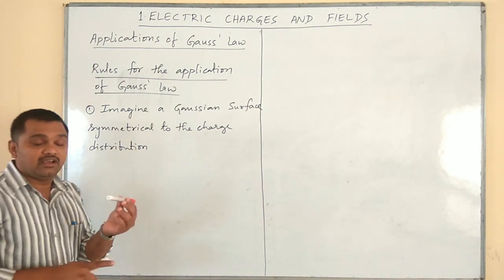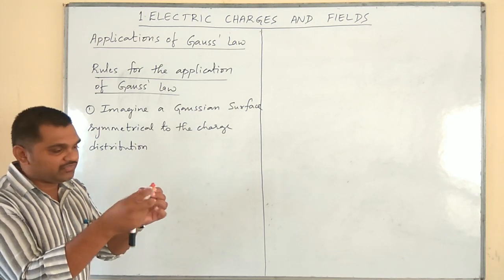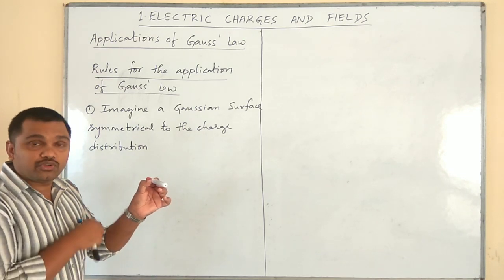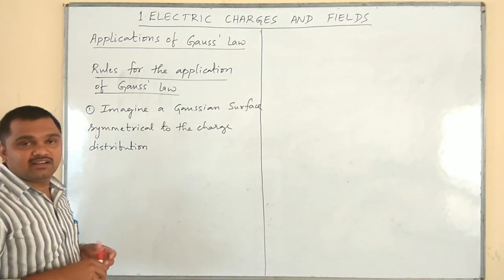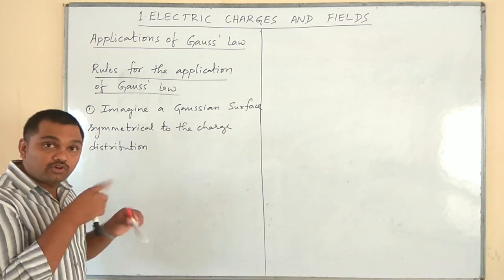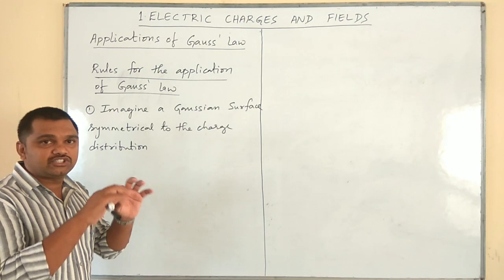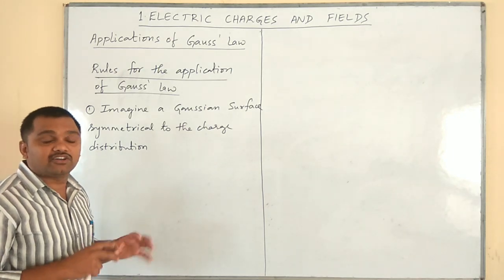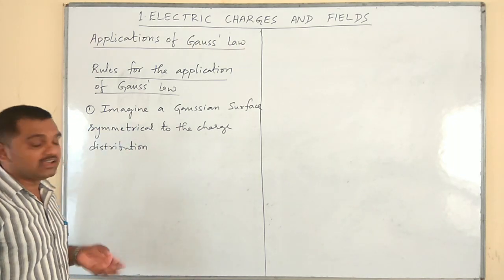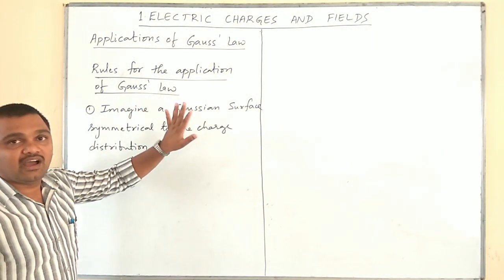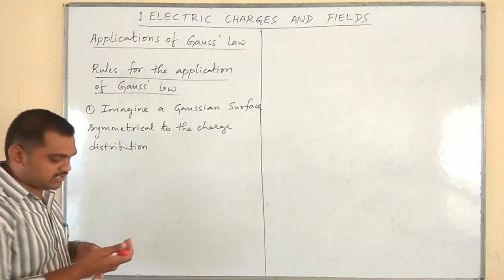For example, if charges are uniformly arranged on a cylinder, we have to imagine a cylindrical boundary, that is, a Gaussian closed surface. Suppose the charges are uniformly distributed over a sphere or shell, we have to imagine a sphere as a closed boundary. Like that, we imagine a Gaussian surface symmetrical to the charge distribution.